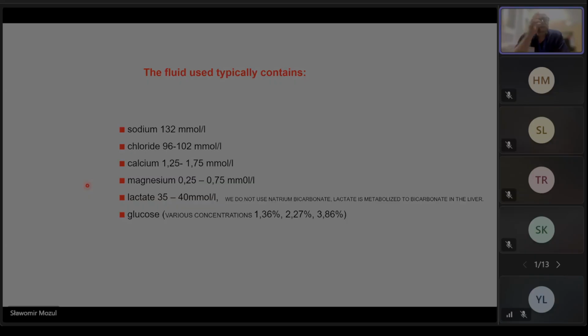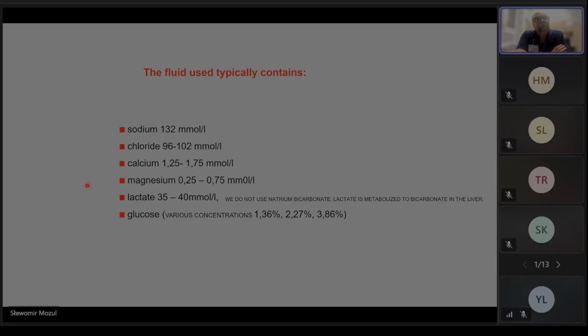The fluid used in this type of treatment typically contains sodium, but you can see that this sodium is in lower concentration than in the patient's blood, only 132 millimole per liter.